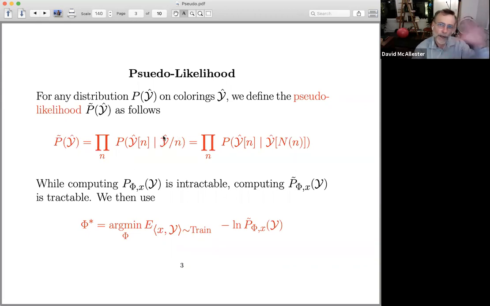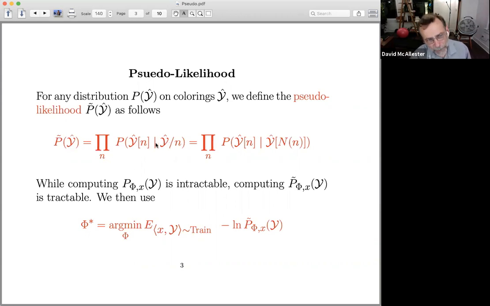Look at all the colors other than n, and look at the conditional probability of this coloring given all of the other colorings. And then I'm going to take the product over all nodes of that conditional probability. So it has sort of the right units, right? It's taking a product over all the nodes of a probability of that node. So it sort of has the right units and scale for a probability of the coloring.